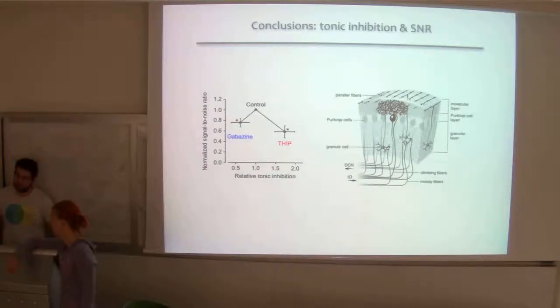But you would need to know the whole map of where all the inputs are coming from to the Purkinje cell to be able to stimulate those granule cells in a way that faithfully reproduces our sensory stimulus, and we're way far off from being able to do that at the moment.